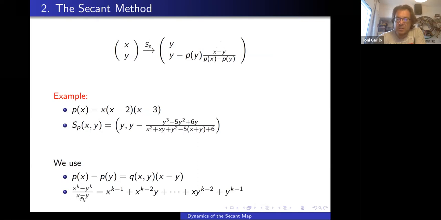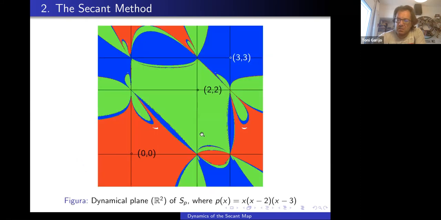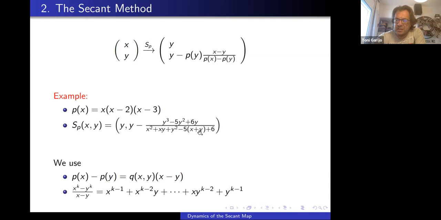But this you can divide and you obtain this polynomial. So here, the term with x cubed minus y cubed is this symmetric polynomial of degree 2, and this is the symmetric polynomial of degree 1. And the same for this case. It's just a computation.